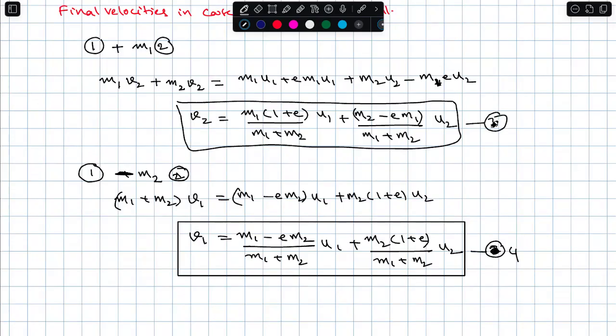These are very standard equations. One more important thing: don't derive, you need to remember this. For the entire chapter, I am asking you to remember only two equations. That's all.